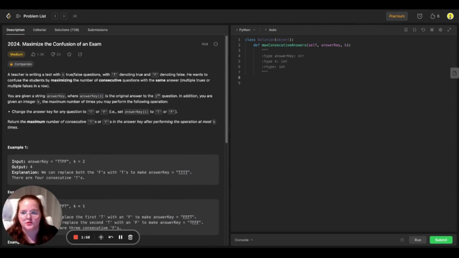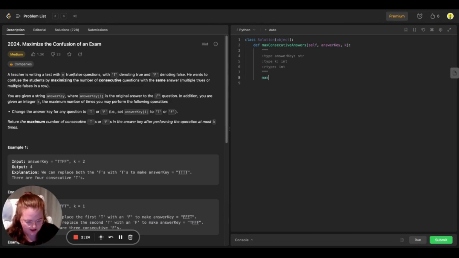Those variables should be max consecutive and maybe max count, and then counts in total, using that to keep track of those maximum trues or falses.